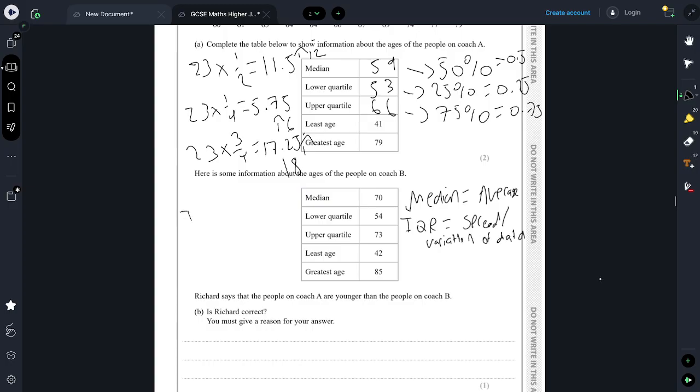The IQR is the upper quartile minus the lower quartile, and it's telling you how far the data is spread from the average or the median.